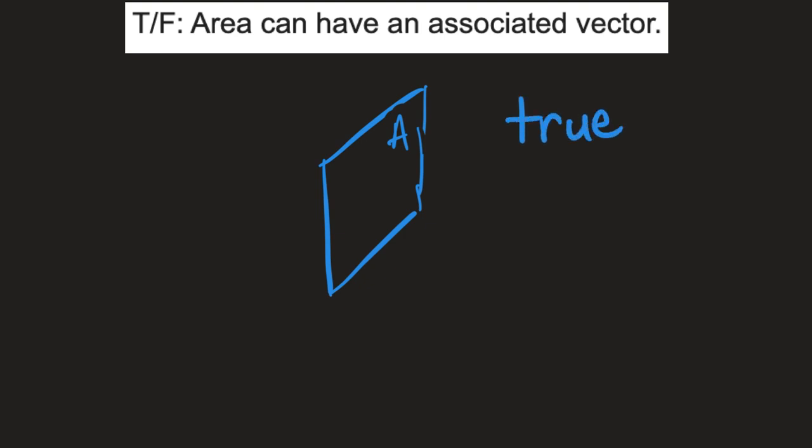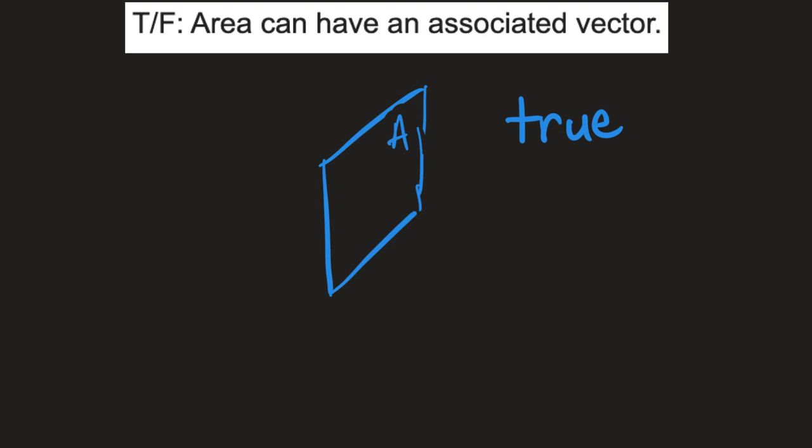So, question, is it possible for an area to have an associated vector? So true or false? An area, and I'll just draw an area for you, something like this little area here. Put a little A there. Does this have an associated vector? So it's true, you can have an associated vector.